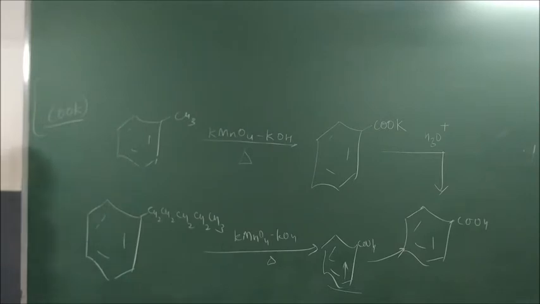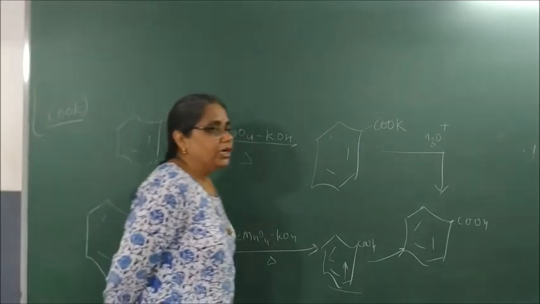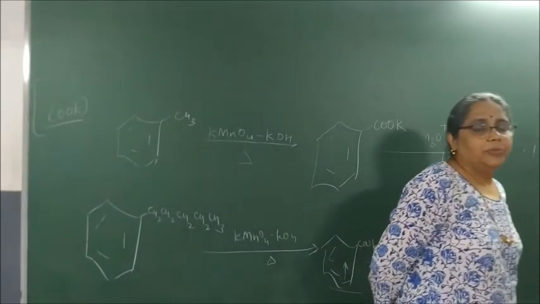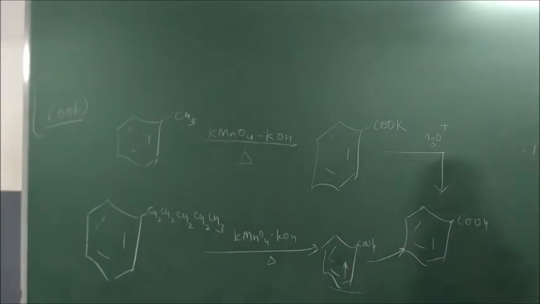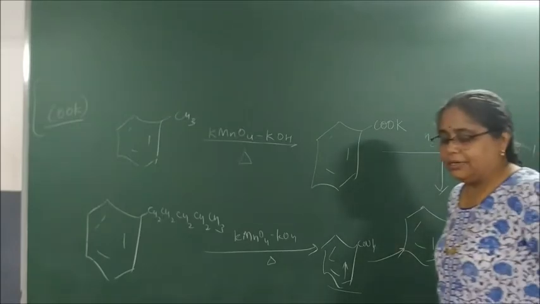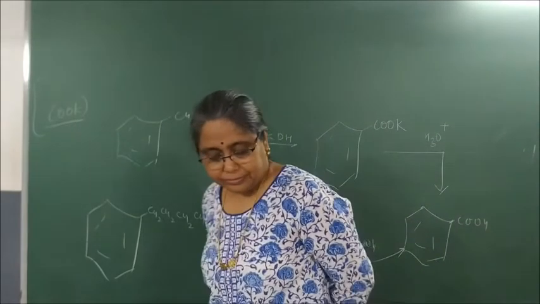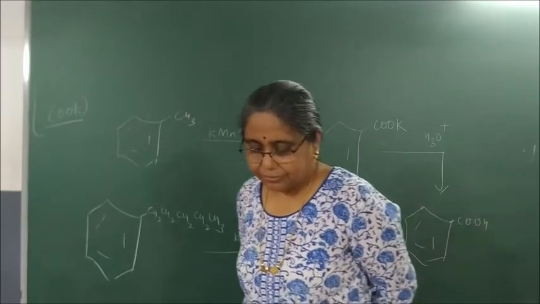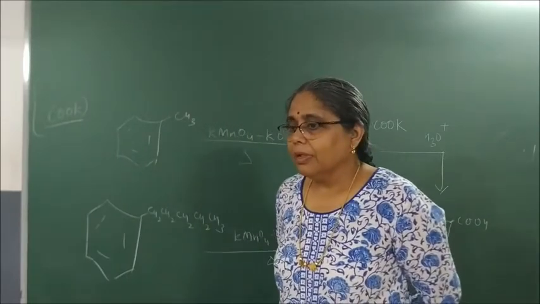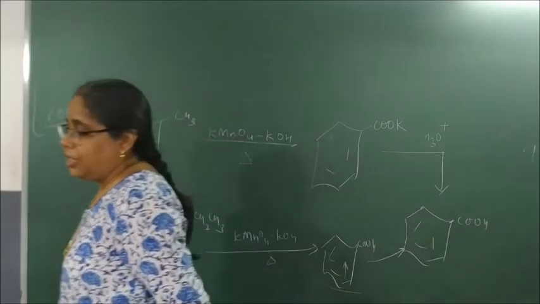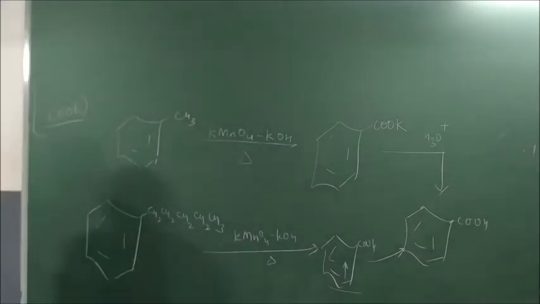So it will be 1-phenyl pentane. So 1-phenyl pentane gets converted to COOK, that is potassium benzoate, which on acidic hydrolysis will give benzoic acid. Done. This is a very, very important reaction for the preparation of aromatic acids.